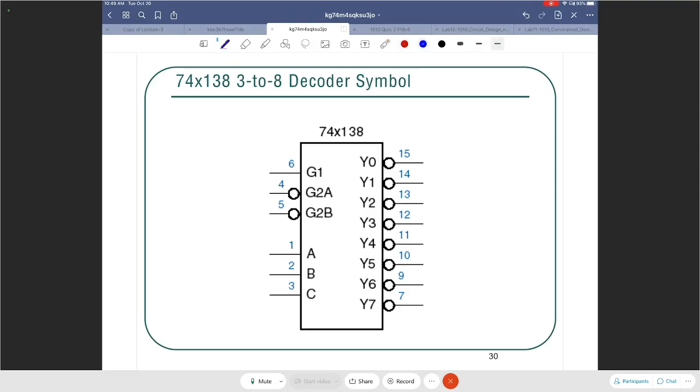The question is which pin number is low? Question. When the input is 1 0 0 1 0 0, which pin number is low? Pin number or pin numbers?